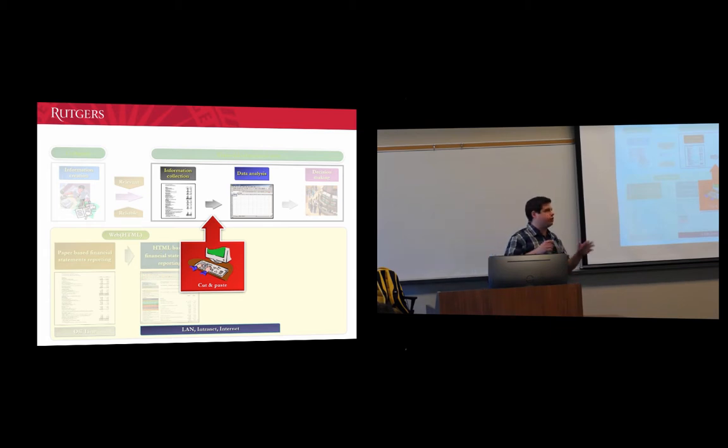You can't use the machine to process that information. It just reads it as an image file. It doesn't read it as being, this line is cash and cash equivalents. This line is net income. It doesn't understand it, right? It just says, this is a page, these pixels are black, these pixels are white. So you can cut and paste, and you kind of have to do that by hand.